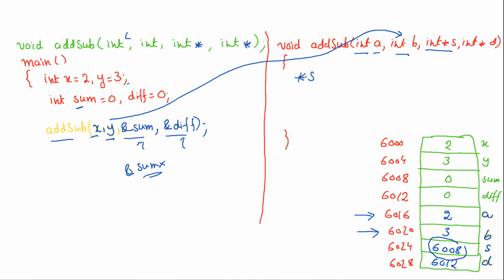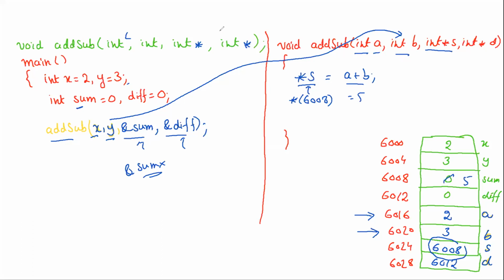It is saying contents of 6008. You read it like this: contents of 6008. So if I change its value, what am I doing? I'm saying add a and b, 2 plus 3 is 5. And then you're saying contents of 6008, which is this statement, gets a new value, which is 5. So here you can write a new value, which is 5.